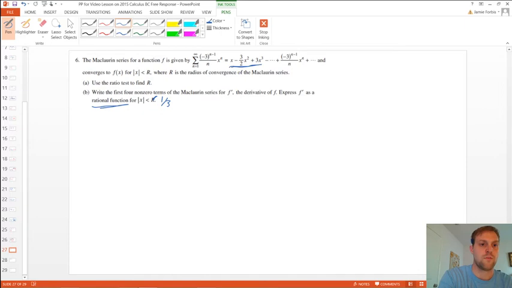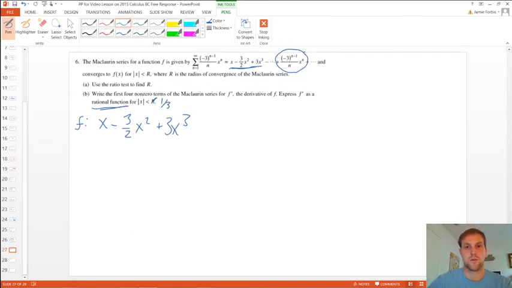So let's start off with f. F is, it tells me the problem is x minus 3/2 x squared plus 3x cubed. And if I want to know the 4th term, because I got to go the 4th term for the derivative, I actually need to use my general term to plug it in. So I'm going to plug in, we started off with the first term. So I went first, second, third. I need to plug in 4 into this function right here to figure out my 4th term.